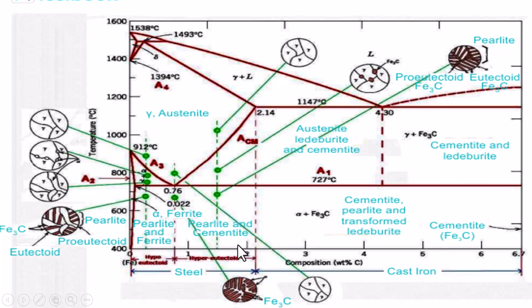That is why it is called the iron carbide phase diagram, or we can say the iron carbon diagram, because beyond this we are not required. Beyond this there is no need, because it is simply iron carbide only.